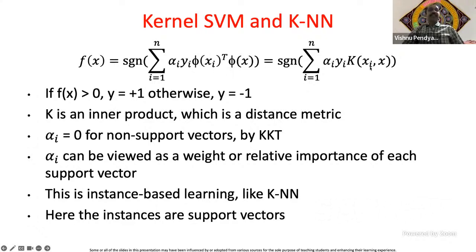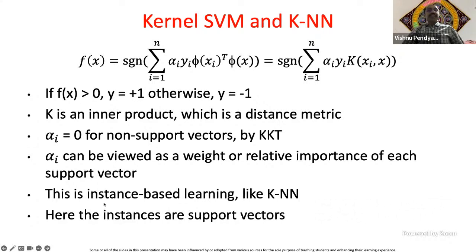It is basically the sum of alpha i times yi times the kernel function. If f(x) is greater than 0, then the label y for the data item is plus 1, otherwise it is minus 1. And alpha is equal to 0 for non-support vectors.